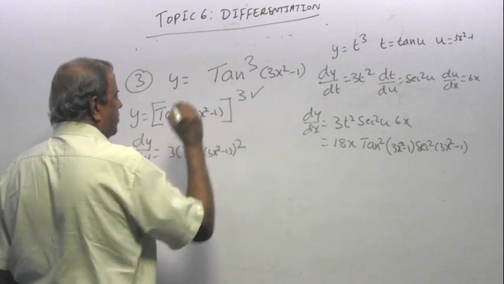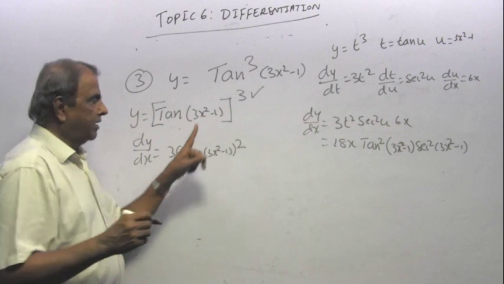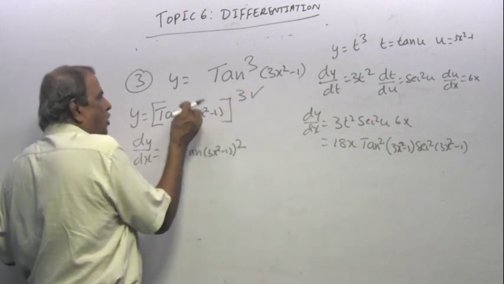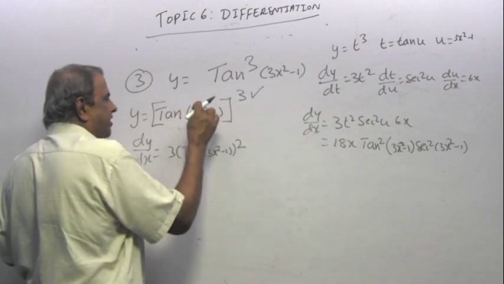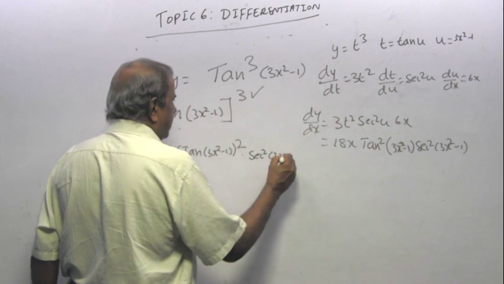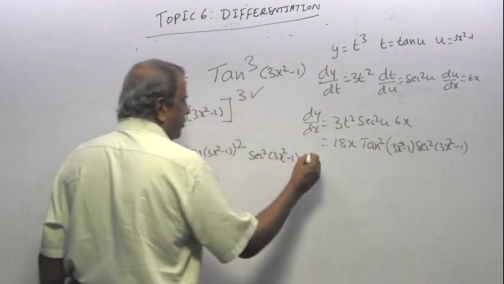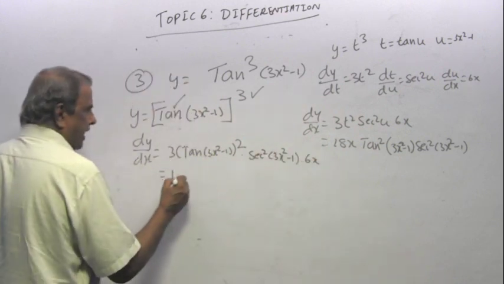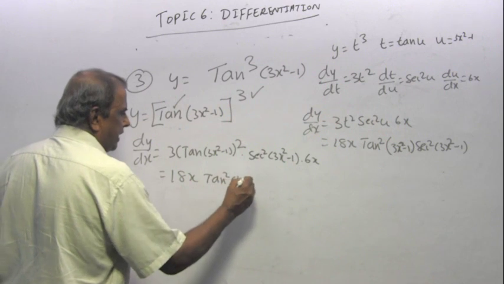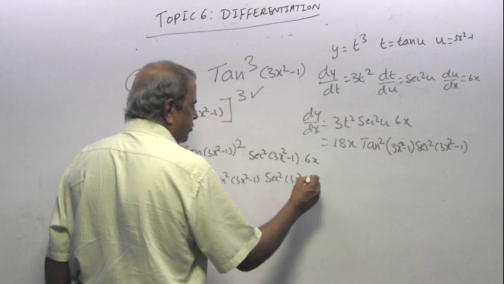I did the cube; tan of anything gives you sec squared of the same thing. There are two functions. The outer layer is tan, the inner layer is 3x squared minus 1. So tan gives you sec squared of 3x squared minus 1. I've done the tan. 3x squared minus 1 gives you 6x. So it is 18x tan squared of 3x squared minus 1 times sec squared of 3x squared minus 1.